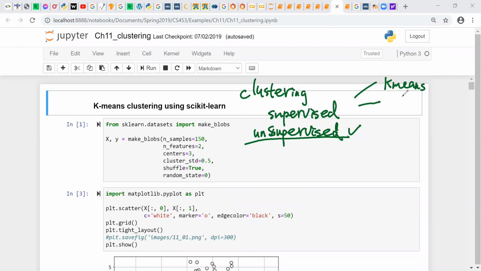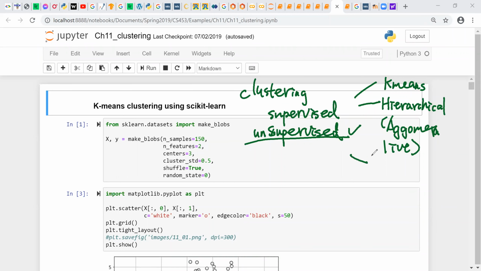The second one is hierarchical. And the one we discussed we call agglomerative clustering.